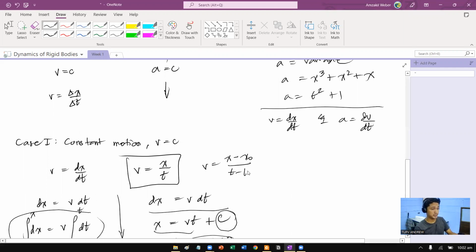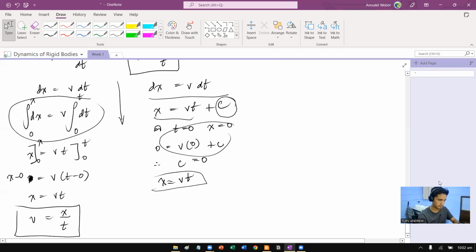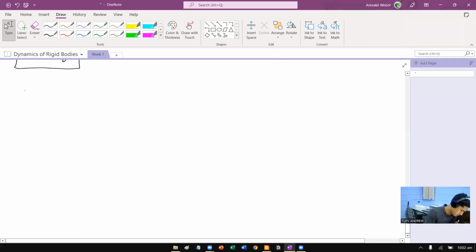Okay, let's go to phase 2, or category 2, which is uniformly accelerated motion.